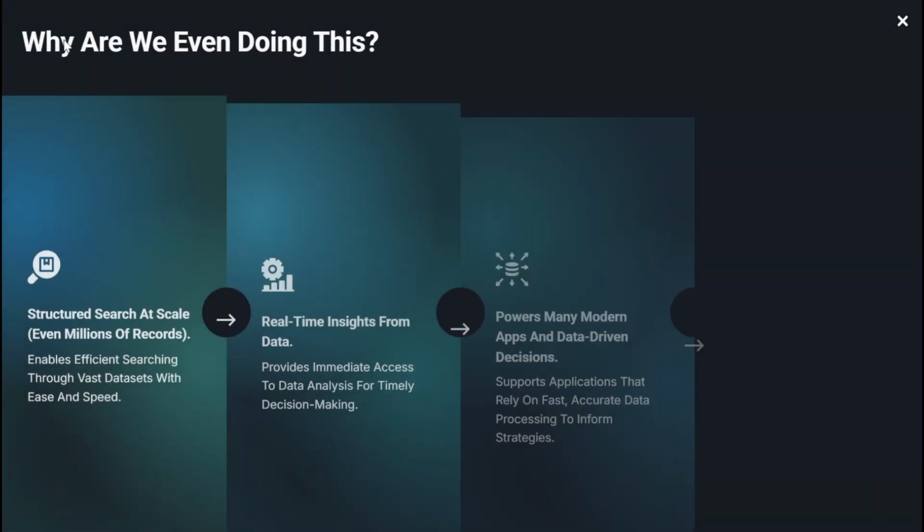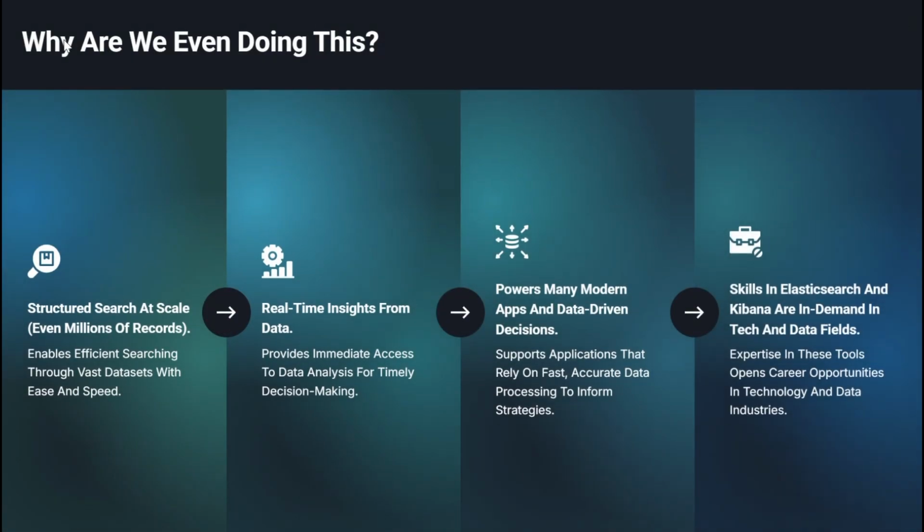Why are we even doing this at all? Elasticsearch creates a structured search at scale. What does this mean? It simply means that it enables efficient searching through vast datasets with ease and speed.